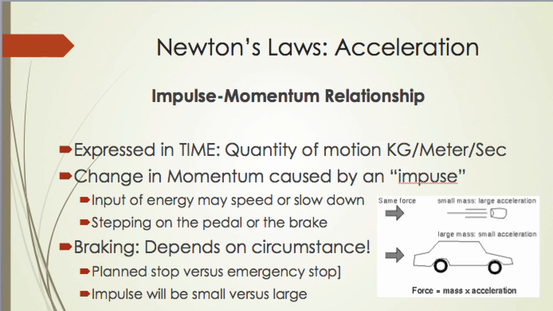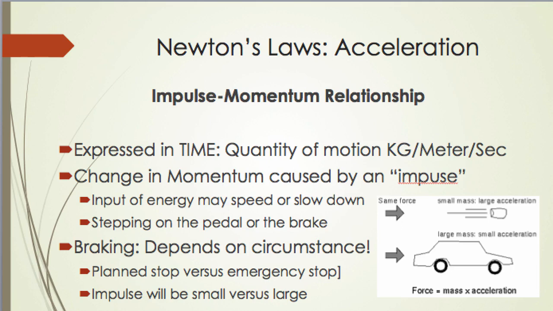When we change our momentum, whether from a static or dynamic equilibrium position, that impulse is going to be caused by an input of energy that may speed up or slow down that particular body.